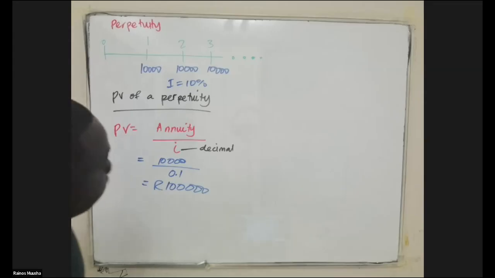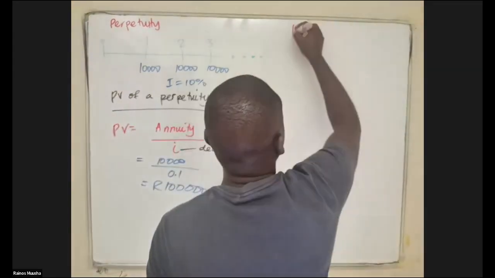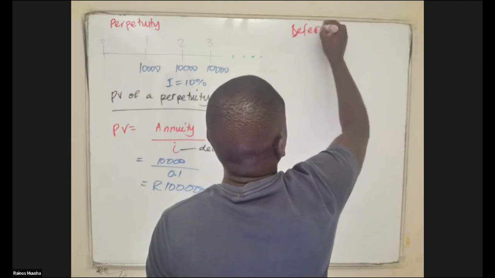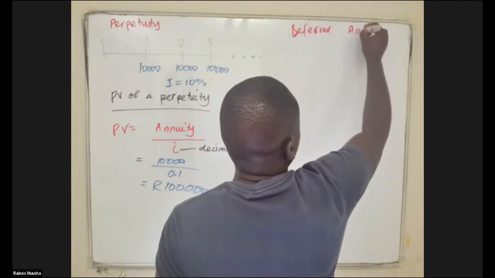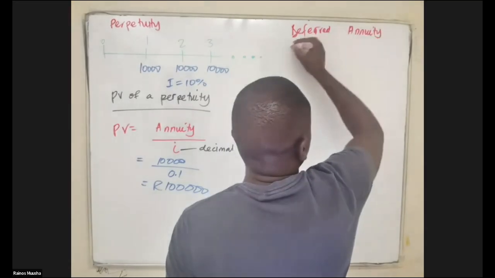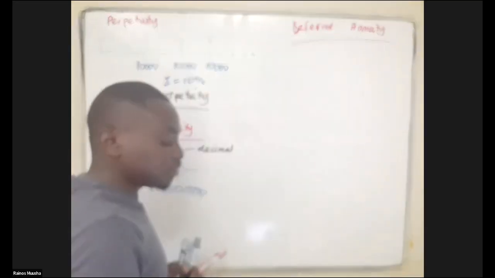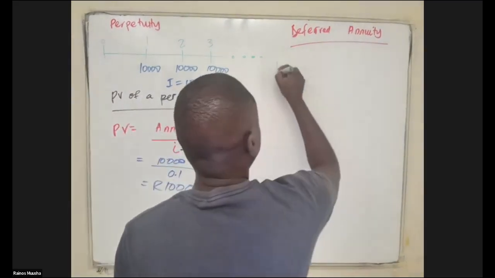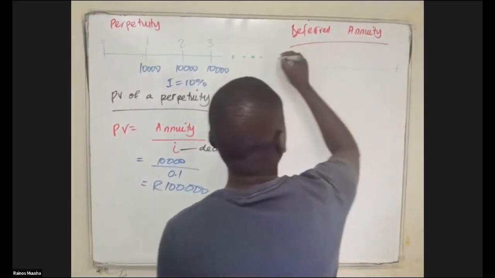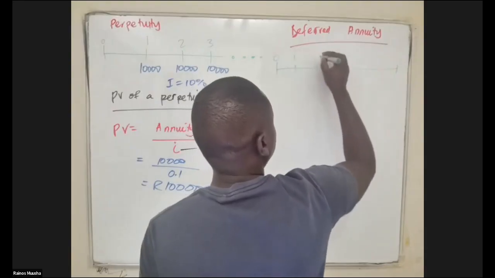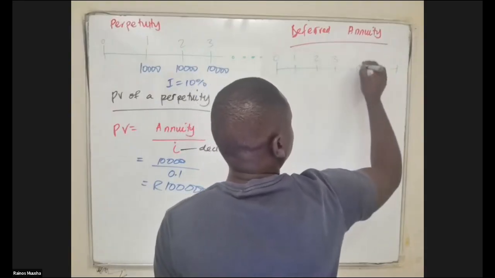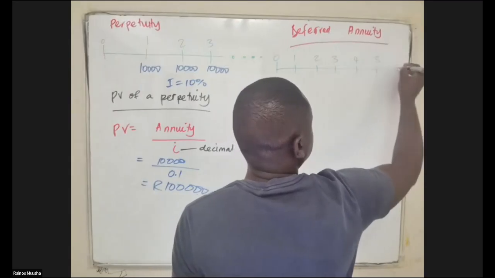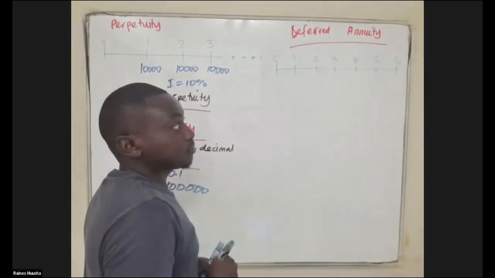The other type of annuity is what we refer to as a deferred annuity. A typical example of a deferred annuity: let's say we are given a timeline over a period of 1, 2, 3, 4, 5, and 6 years.